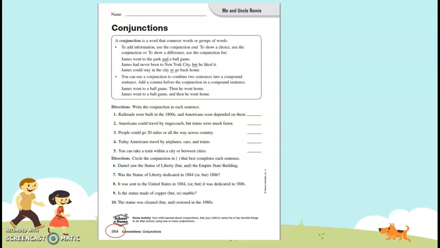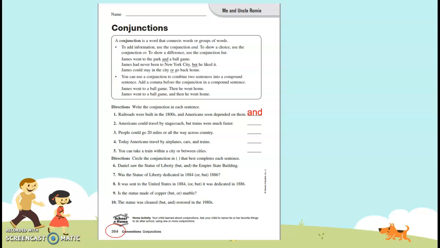Directions. Write a conjunction in each sentence. Number 1. Railroads were built in the 1800s and Americans soon depended on them. The conjunction is and. Number 2. Okay, let's find which one is the conjunction.